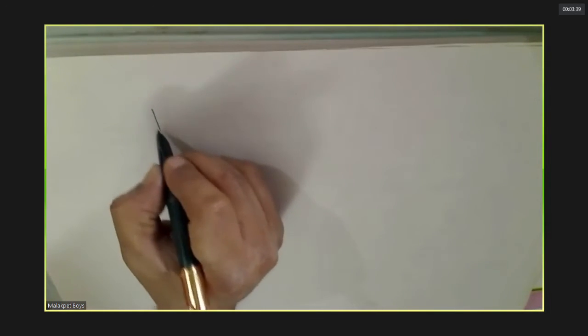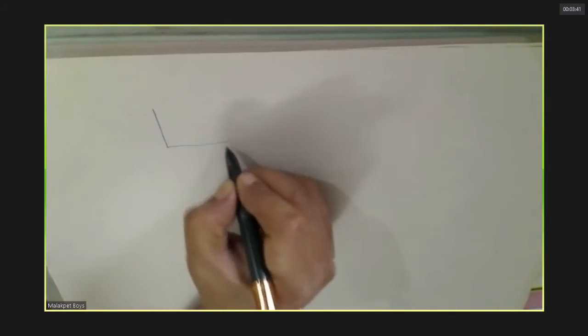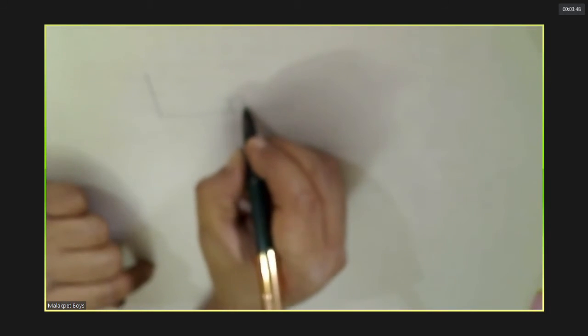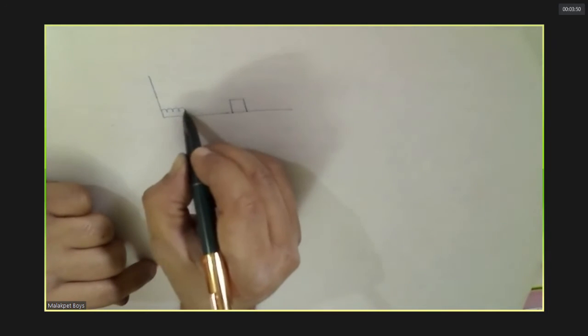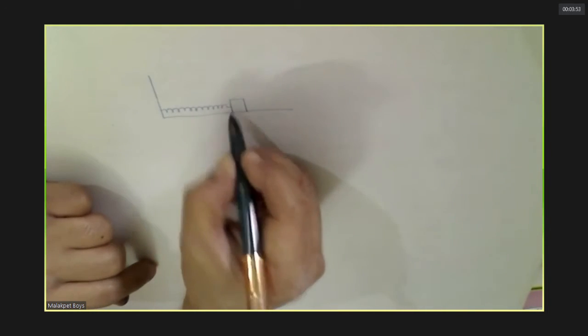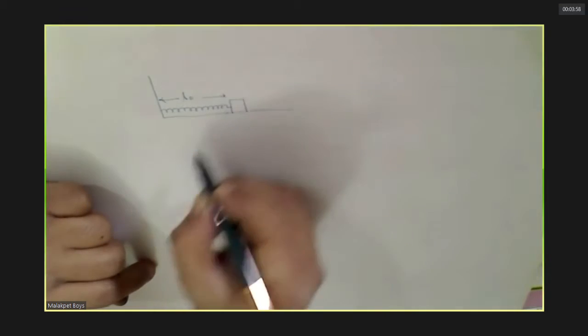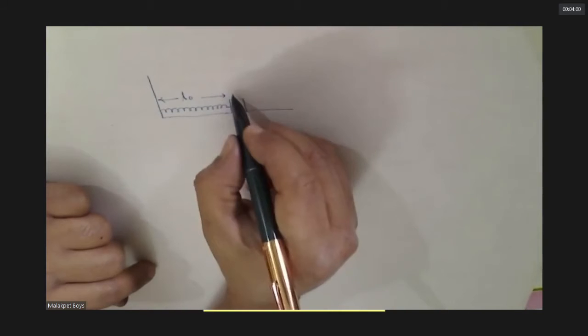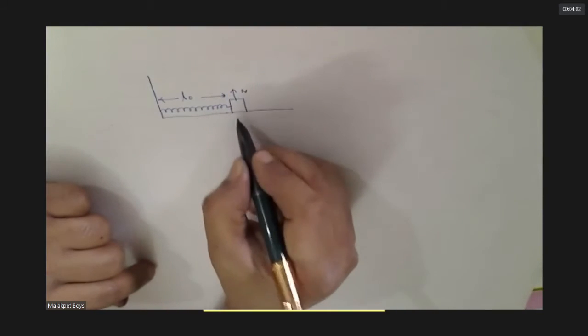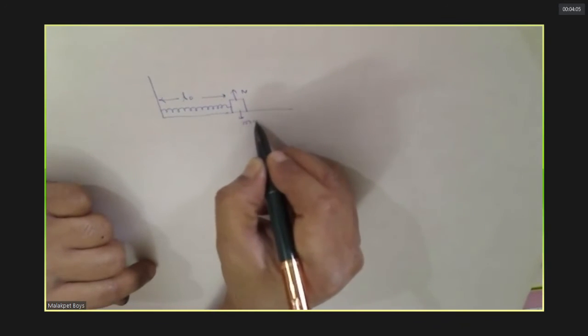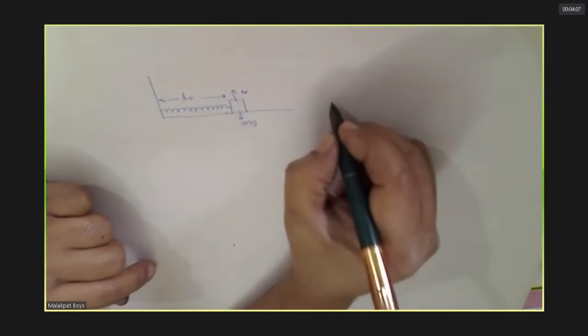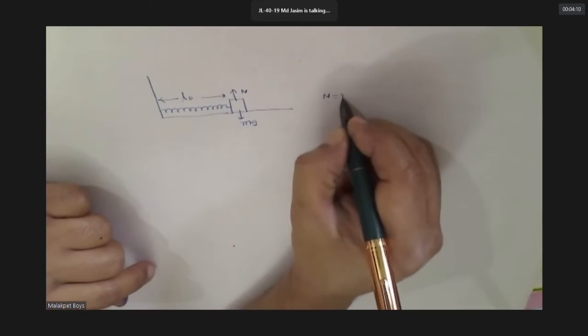Suppose this is a block, and there is a spring attached here. This is the natural length of the spring. Here, what are the forces? N is balanced by mg. Spring force is 0.